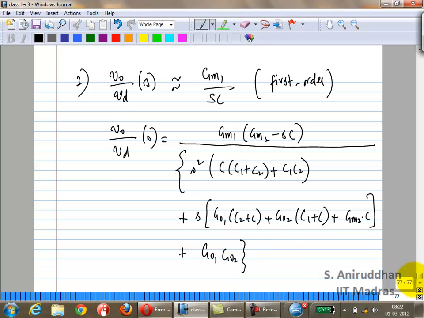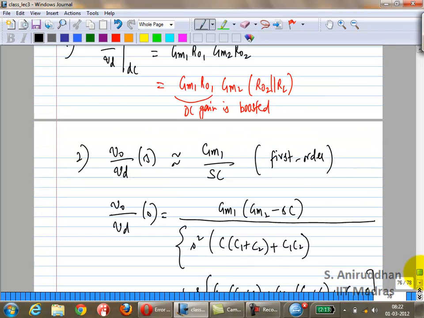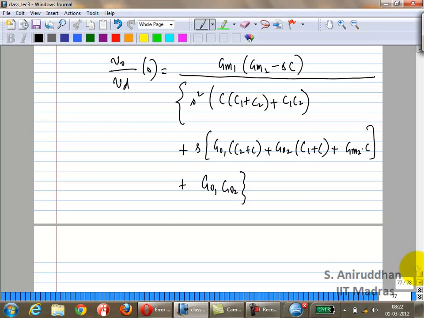First of all, you can do a quick sanity check. What is the DC gain? GM1, GM2 over GO1, GO2 looks perfectly fine, right? DC gain looks good. Okay. Where is the 0? So first of all, this has 1 zero and 2 poles, right? That is obvious. The numerator is first order, the denominator is second order.